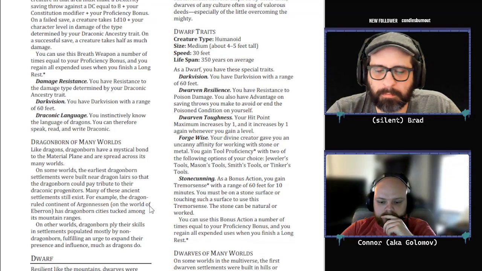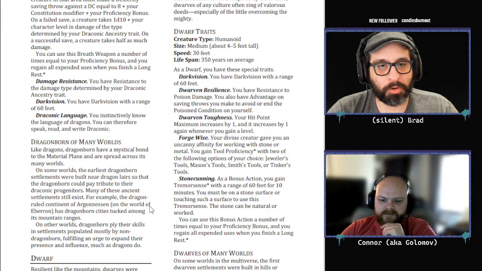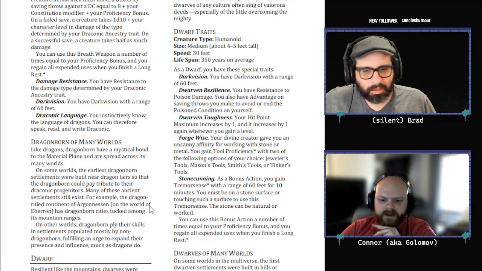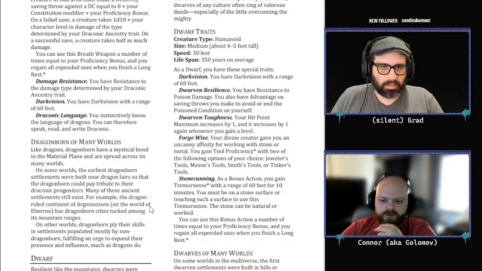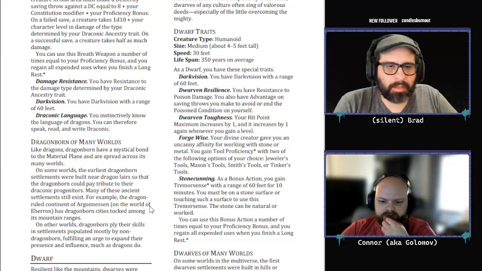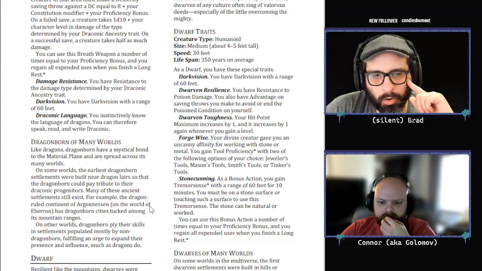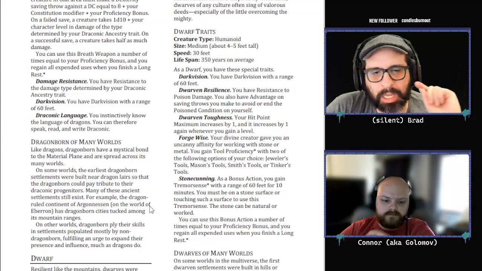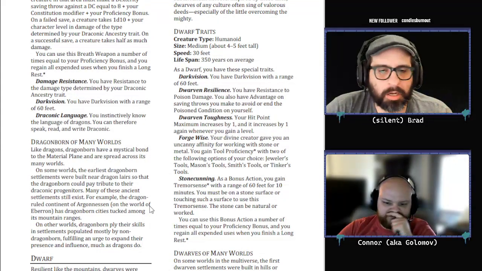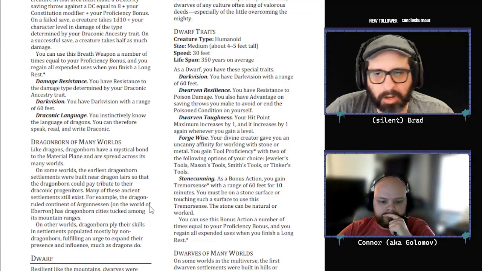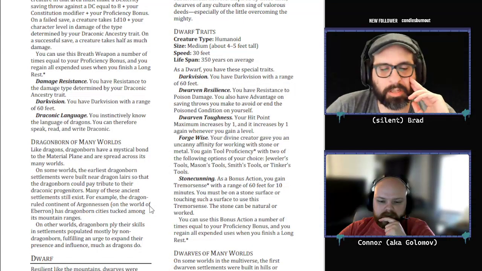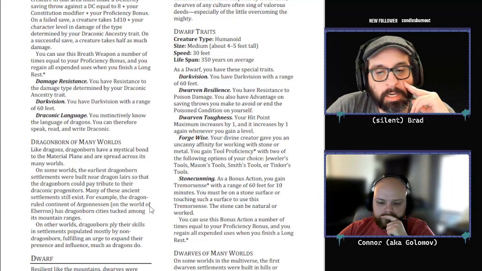Even Strahd, that's been in a D&D setting for years, was only released within the last couple of years, right? No, Curse of Strahd was one of the earlier ones, and that was the only other thing. For the longest time, everything else was Forgotten Realms. The majority of 5th edition has all been Forgotten Realms.